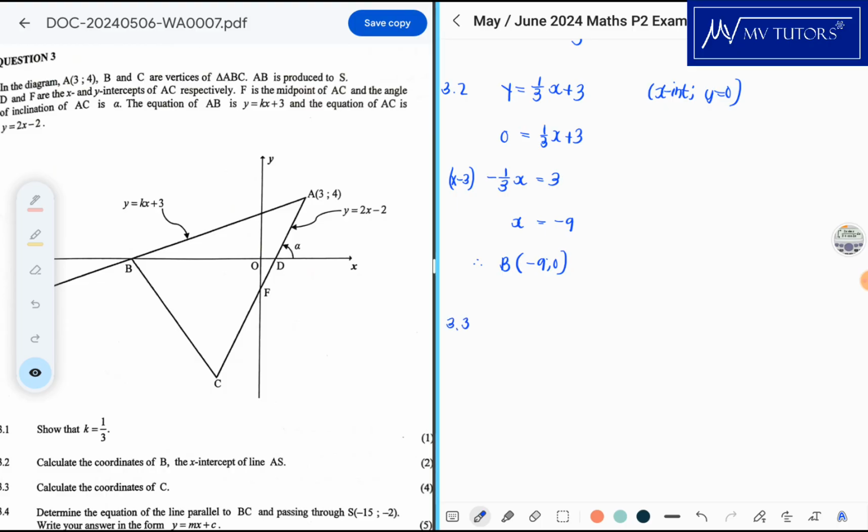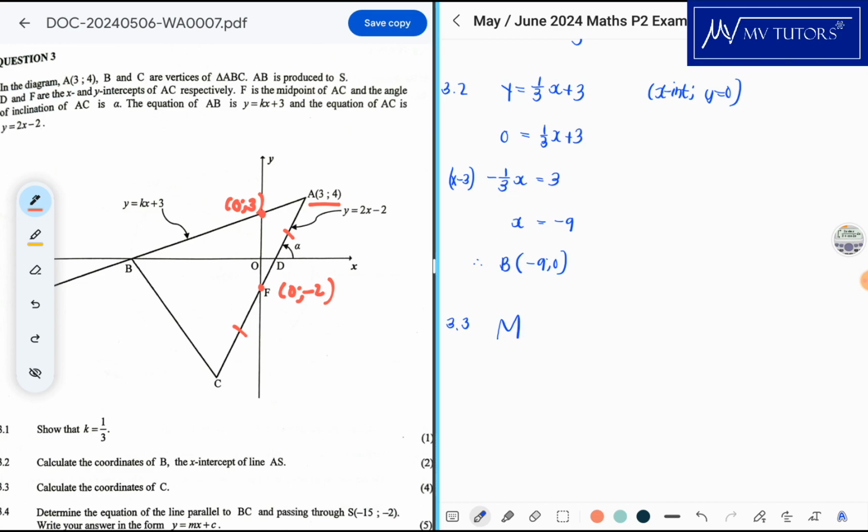3.3, calculate the coordinates of C. So C, remember they said F is the midpoint. We do have the coordinates of F. We have the coordinates of A. So we can definitely get the coordinates of C. So the midpoint of AC, this is now capital M. Let me just do it like this rather.